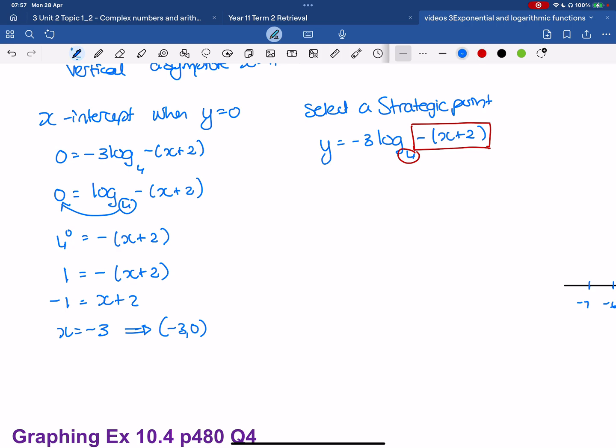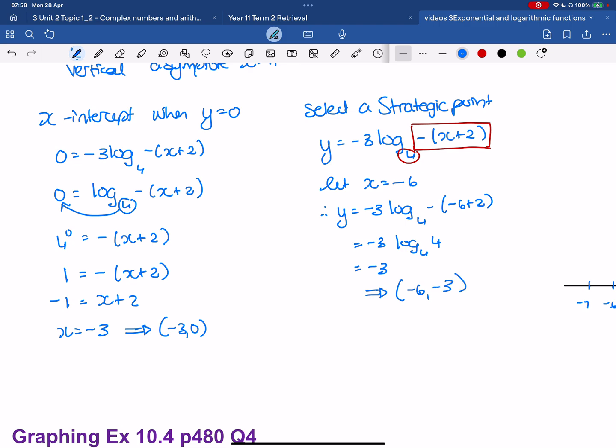So how do I get negative x plus 2 to equal positive 4? Well, if x was equal to negative 6, plus 2 is negative 4, times negative 1 is positive 4. So I'm going to let x equal negative 6. So that means that y is negative 3 log base 4 of negative 6 plus 2, negative 3 log base 4 of 4, and y is negative 3.